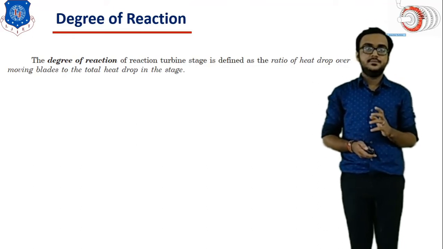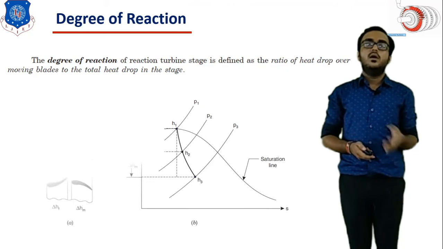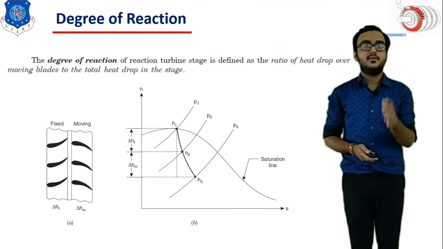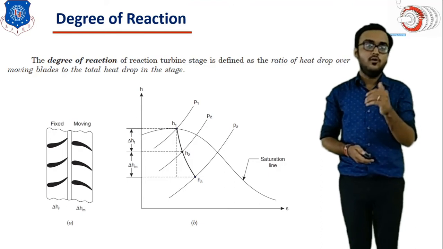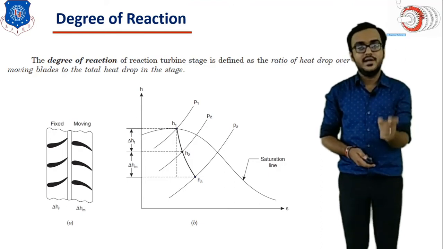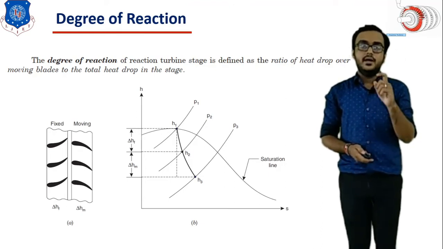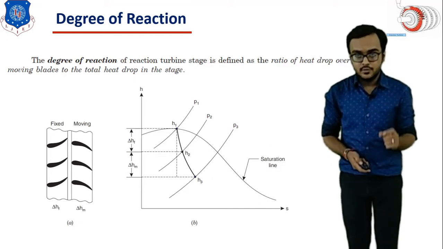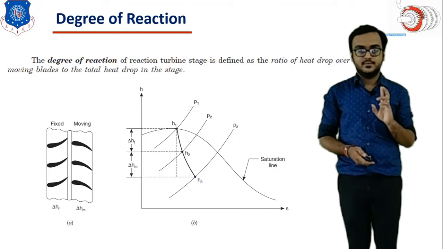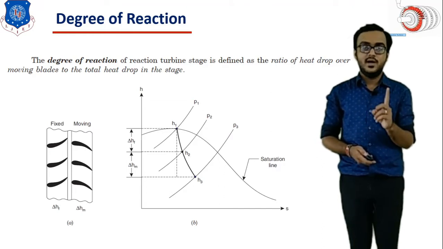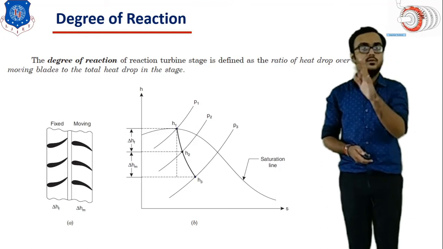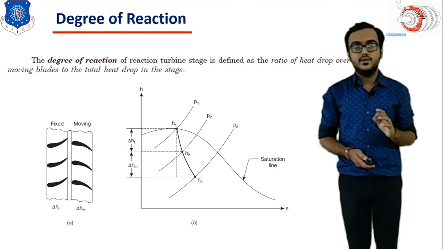The total heat drop is nothing but the summation of heat drop across the moving blade plus fixed blade. Here you can see we have an arrangement like this. As I told you, in a reaction turbine we have a number of sets of blades, one set of fixed blades and one set of moving blades, and one set of fixed and moving blades constitutes one stage of the turbine.